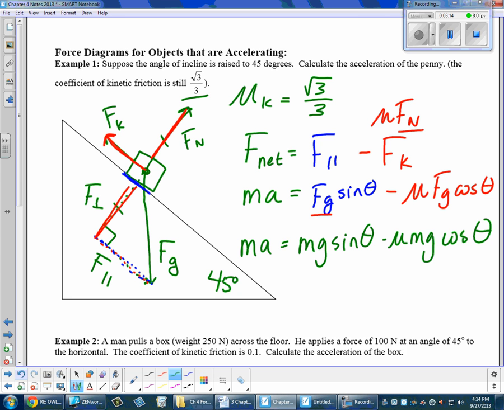Okay, so finally I get to calculate the acceleration of the penny. Notice I can factor mass out of each term of the equation, and the acceleration is going to equal g times the sine of 45 minus the coefficient of friction, which is the square root of 3 over 3, times g times the cosine of 45.